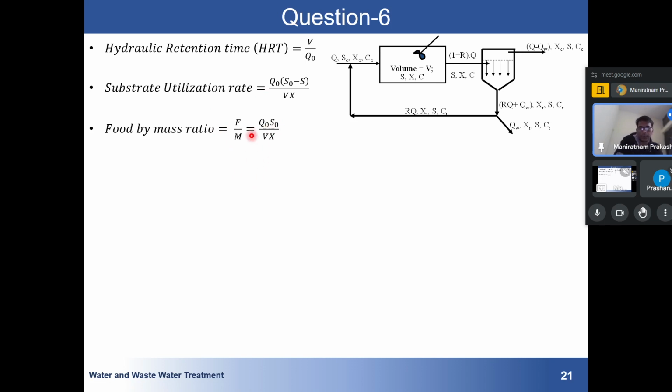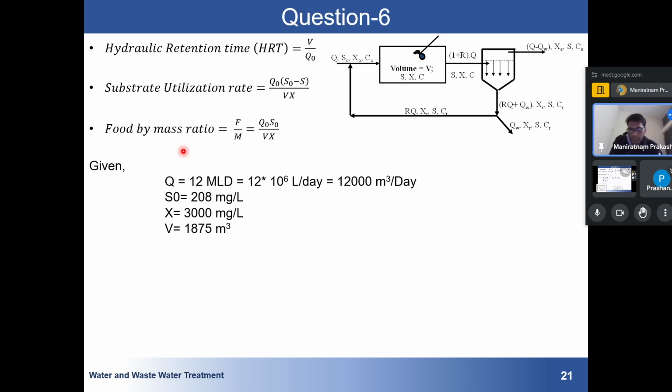Q naught is meter cube per second or meter cube per day, S naught is milligram per liter, X is milligram per liter, and V is meter cube. So meter cube gets cancelled out, and the unit of F by M will be time inverse. You should remember it is called a ratio, but it is not a unitless quantity, because our mind generally says that whenever we talk about a ratio it is unitless, but that is not correct.